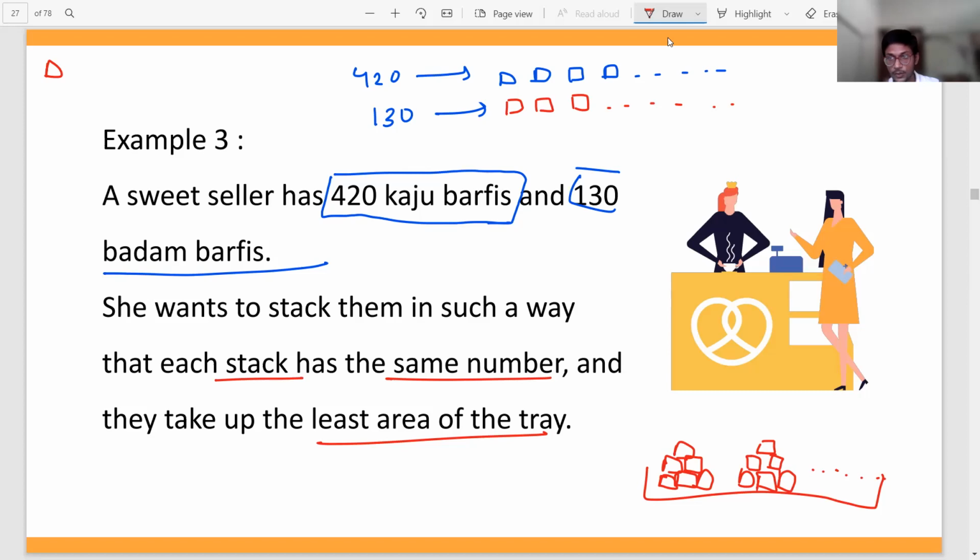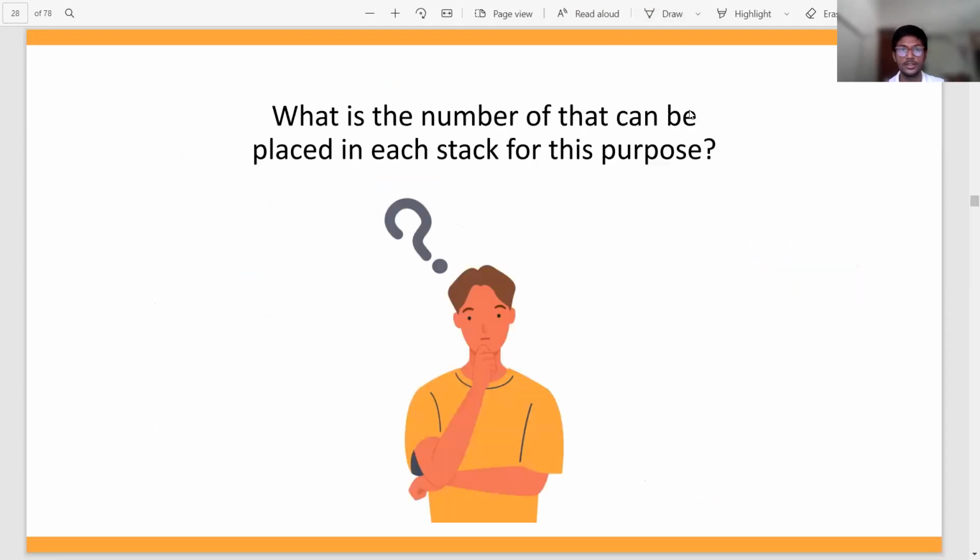Just the condition is that each stack should have the same number of burfis. So how will you solve it using Euclid's division algorithm? Using Euclid's division algorithm, we find the number that can be placed in each stack. Let's think about it more.